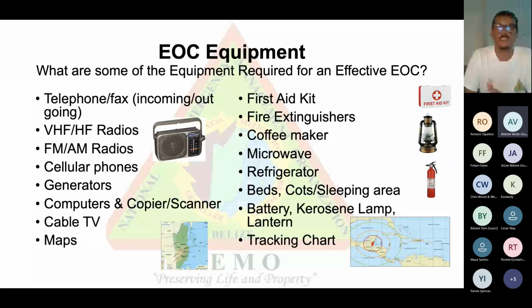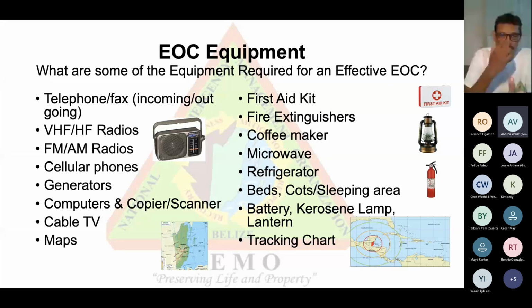Definitely a VHF radio, because we can anticipate this. Remember, one of the things Ronnie went over is to anticipate, right? We have to anticipate that communication will go down at some point in time, and so we have to make provisions for that. And so a VHF radio communication network must be available at an emergency operations center, right?